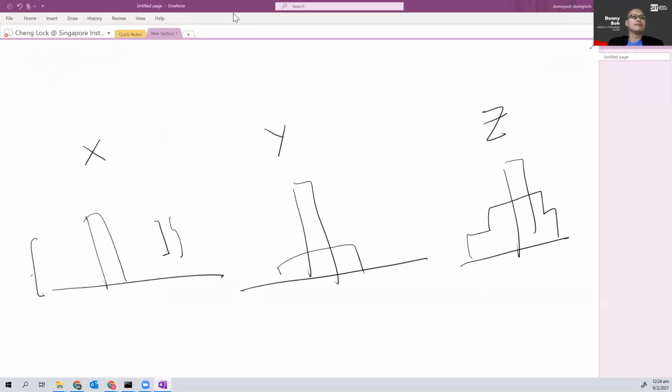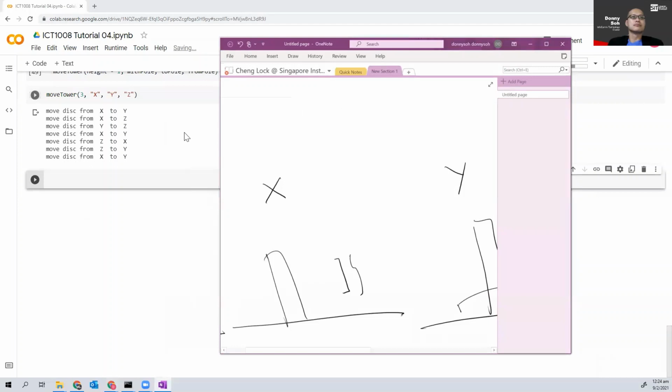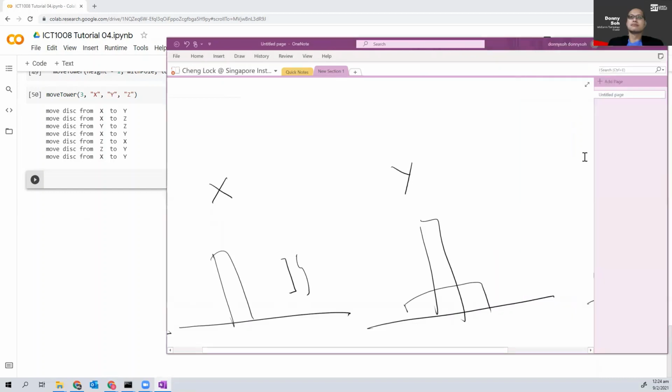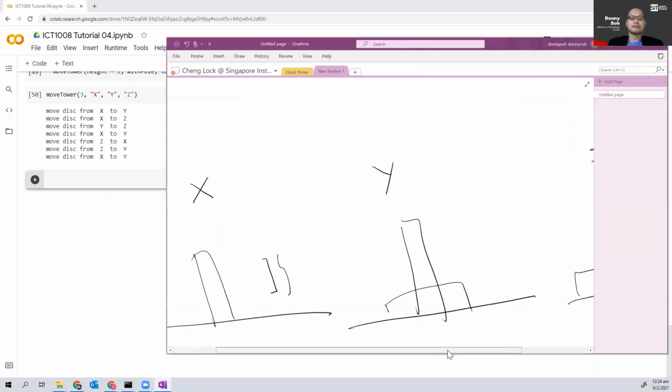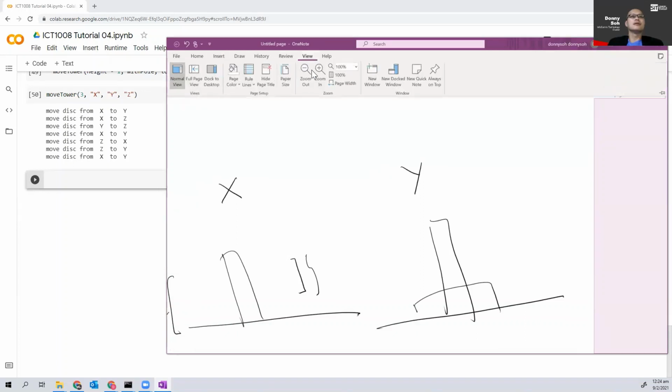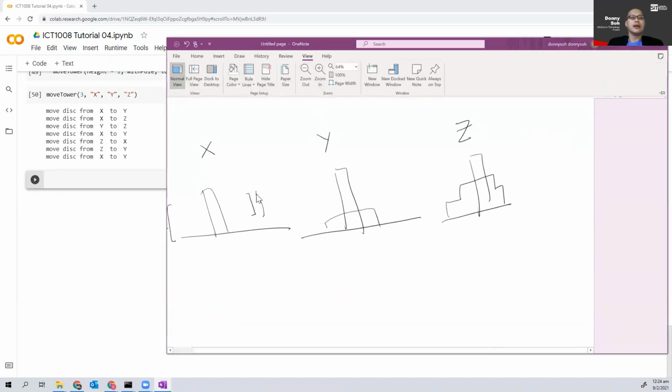You can confirm. Can I make this smaller? Okay. Let's confirm this.